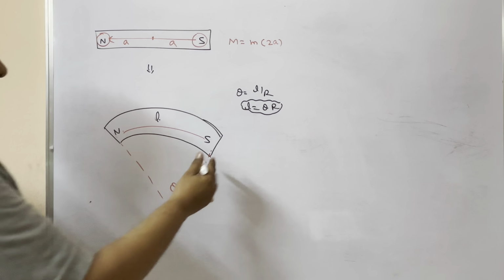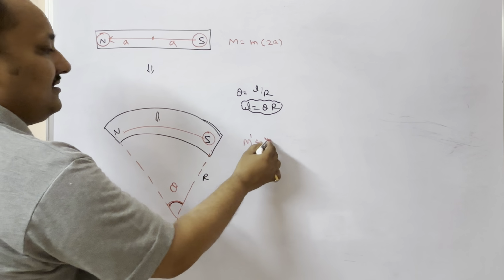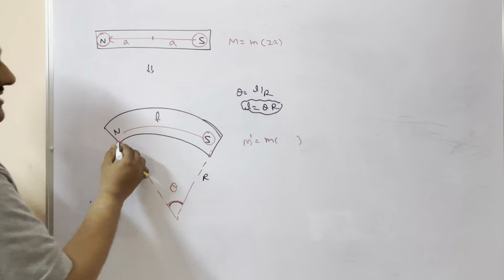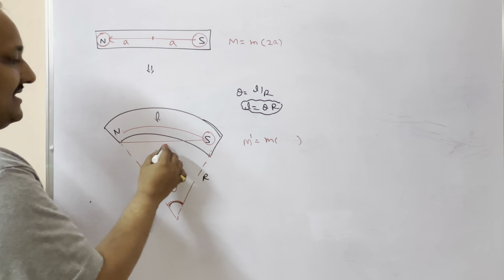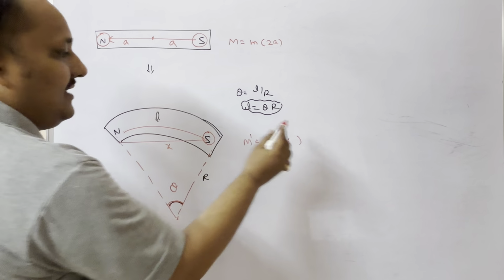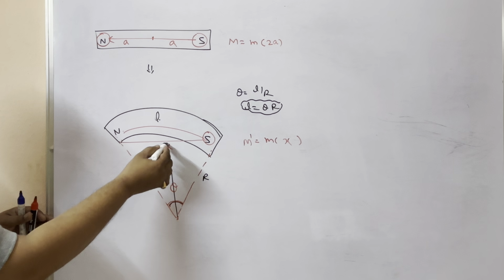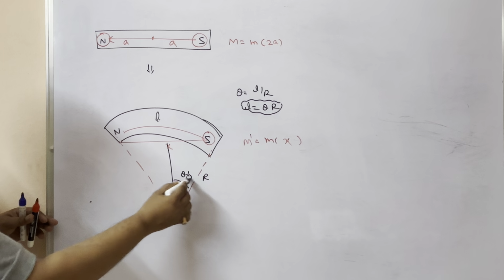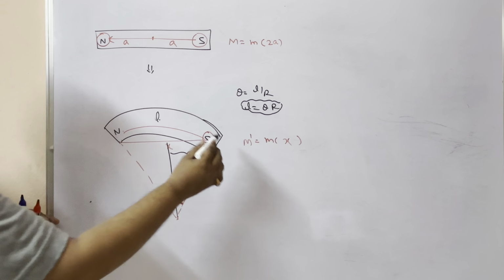Next, what is the magnetic moment definition? M dash equal to pole strength, small m, into the distance between these two poles. Let us assume this distance is x. So M into x. To calculate x, we will divide this, then this angle is going to be theta by 2 and this is going to be x by 2.